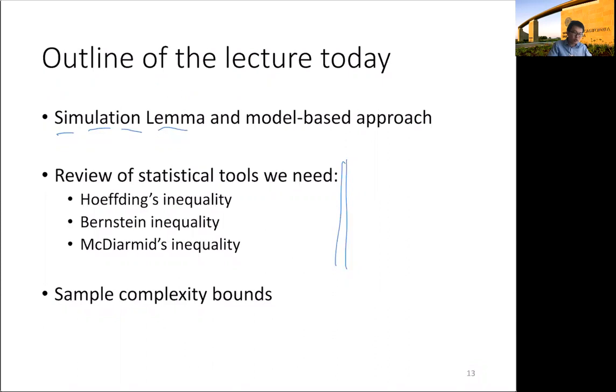These tools, Hoeffding's inequality, Bernstein inequality, and McDiarmid's inequality, are some of the most popular and most useful hammers that you could possibly imagine in the statistical machine learning area, right? I think six or seven papers out of ten, you see using these inequalities. Then we will apply these tools to derive two different sample complexity bounds.